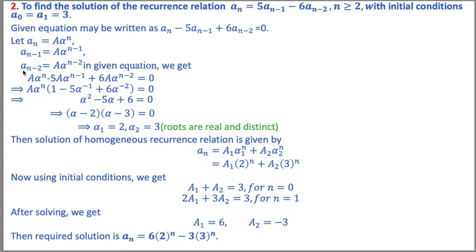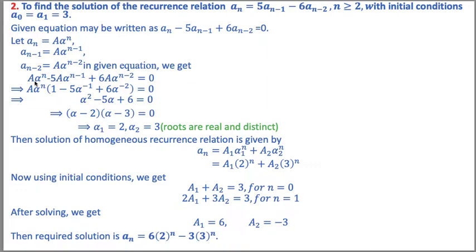If we substitute all these values in the given equation, we get an is a alpha^n, minus 5 a(n-1), so a alpha^(n-1), plus 6 a(n-2), so plus 6 a alpha^(n-2), equal to 0.